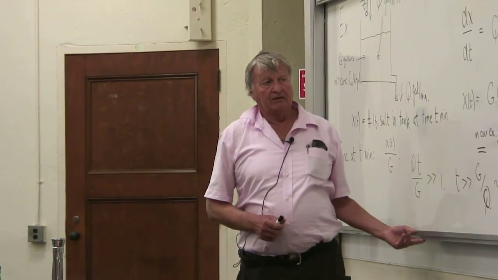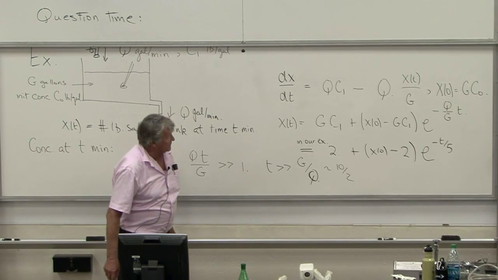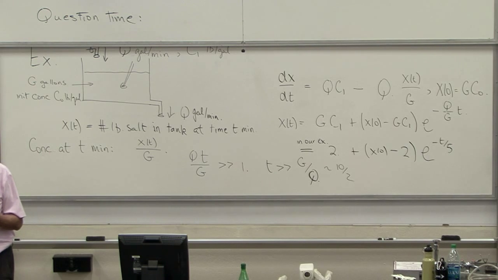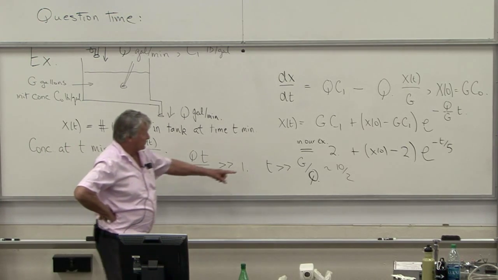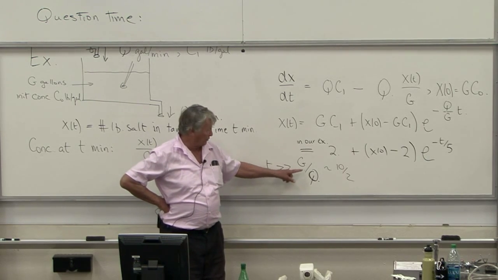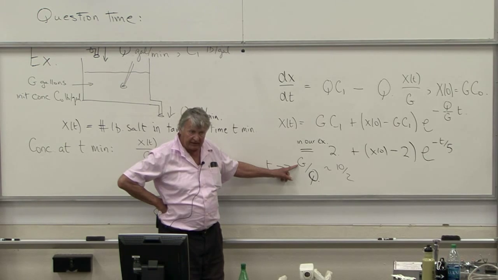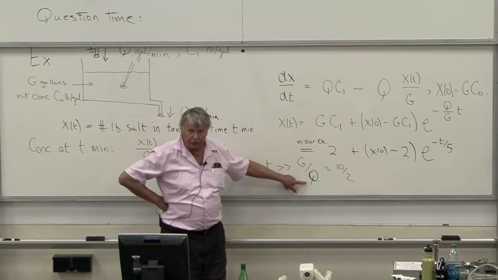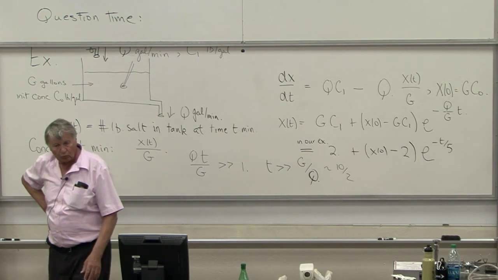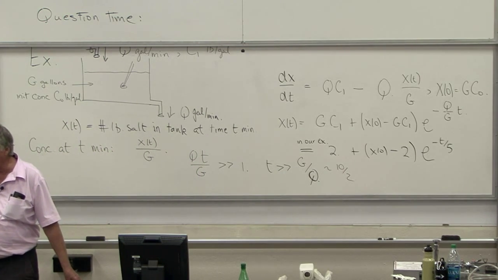Okay, for instance, supposing the number of gallons in the tank initially, G, was 2, and Q was again 2 gallons per minute. Okay, what would G over Q be then? Supposing this was 2 now instead of 10, and this was 2, this would be 1 minute. So you'd need a couple of times 1 minute, maybe 4 or 5 minutes.